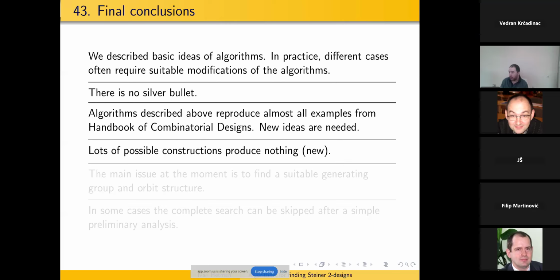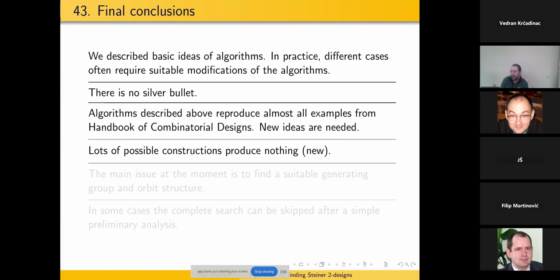Also, one more thing: a lot of possible constructions produce nothing. Usually my work proceeds like this: I assume, okay, let me try this construction with this algorithm using these assumptions. Then I launch the search, which can even take 1 or 2 CPU days, and in the end I have nothing.